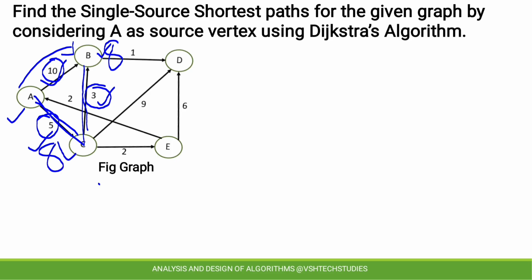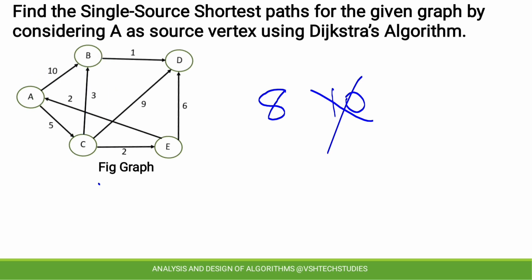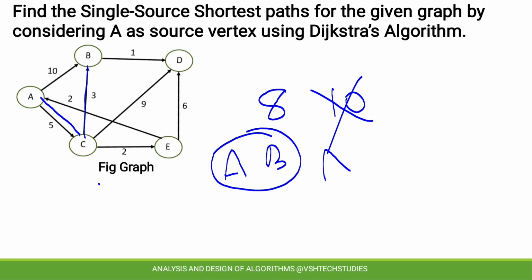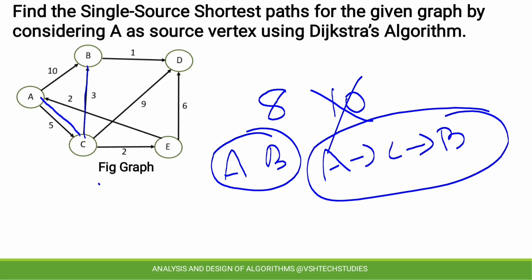It has less cost. Hence the shortest distance from A to B is 8, not 10. Then the shortest path is A to C, C to B. So the shortest path for A to B is A to C, then C to B, which costs only 8 instead of 10 lakhs.